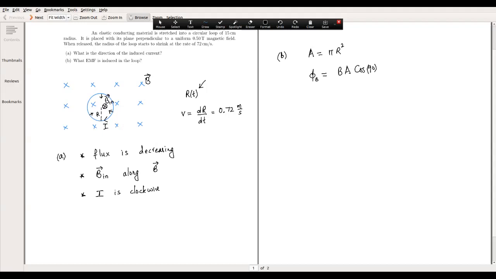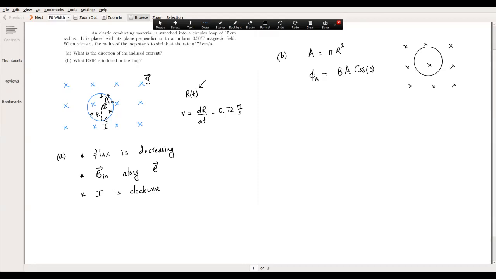Sorry, said it wrong. This should be 0 degrees. So again, the area vector, so area itself is in the plane, magnetic field is going into the page, the plane of the area is in the plane.